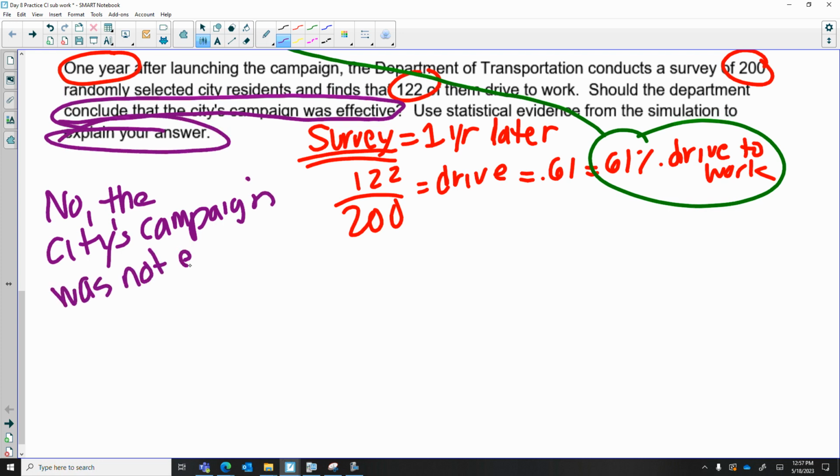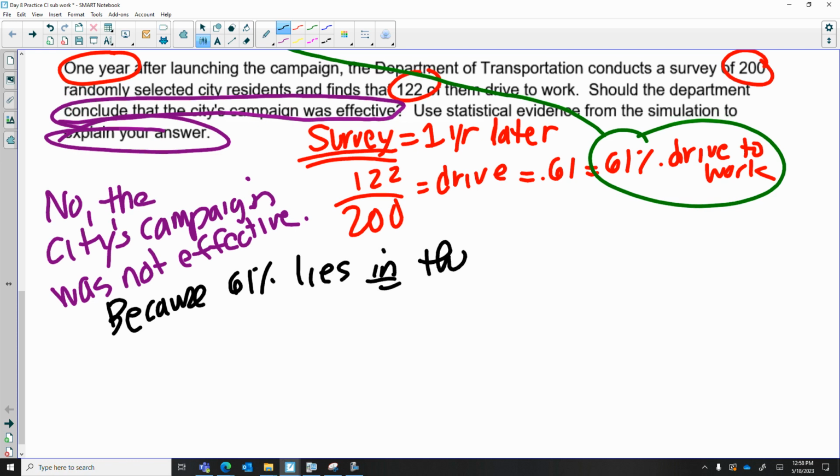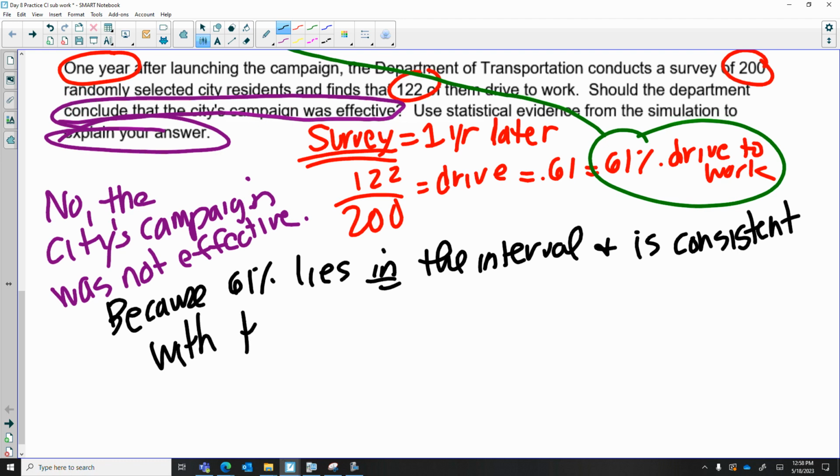So that's where we want to cite that this number, 61%, is in the interval. So it's consistent with the past. It's not significantly different from the past percent who drive to work, because 61% lies in the interval and is consistent with the past census data.